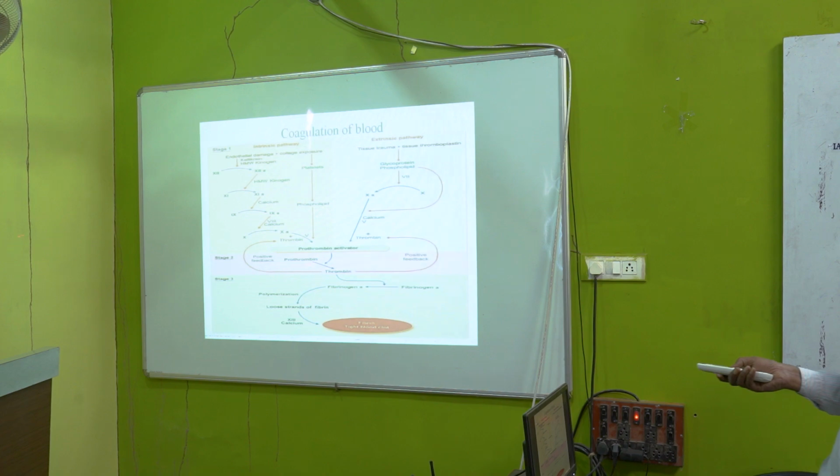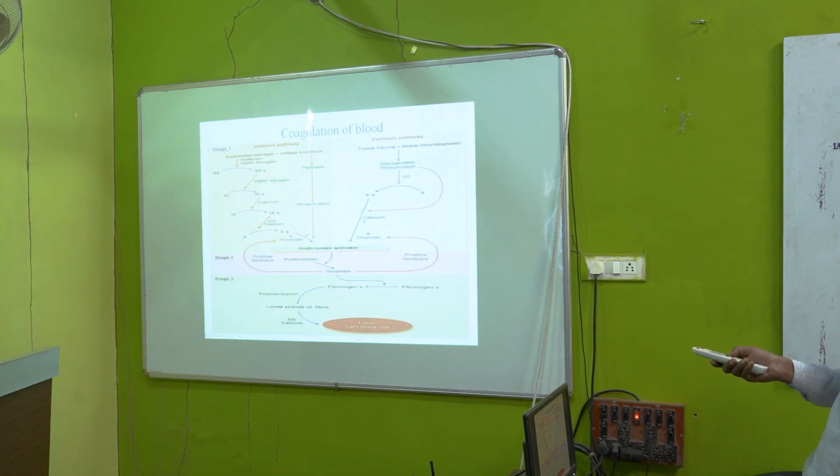Stage 2 explains the conversion of prothrombin into thrombin, and stage 3 explains the formation of the fibrin clot. In stage 1, the process of coagulation can be initiated in two ways, either by the intrinsic pathway or by the extrinsic pathway.